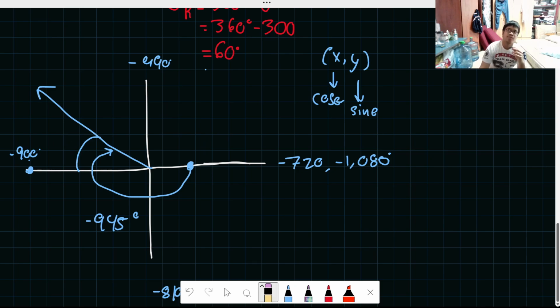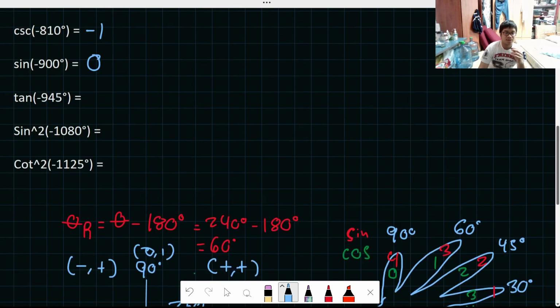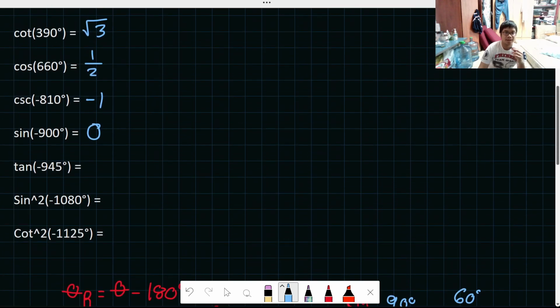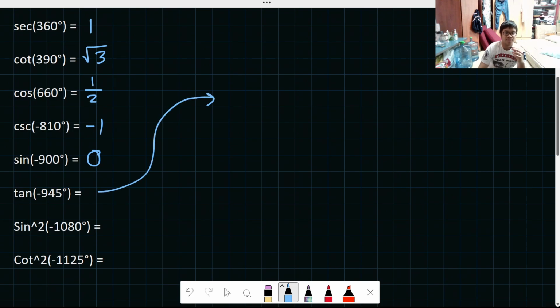Oh, wait, no. Actually, we will get the coterminal angle first, then we will get the reference angle. All right? So let's get first the coterminal angle for negative 945 degrees, right? So let's get its coterminal angle between 0 degrees and 360 degrees.